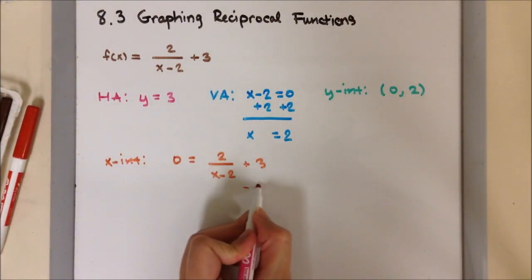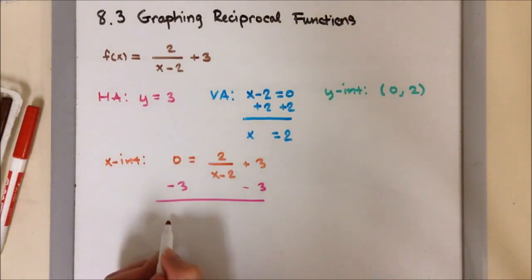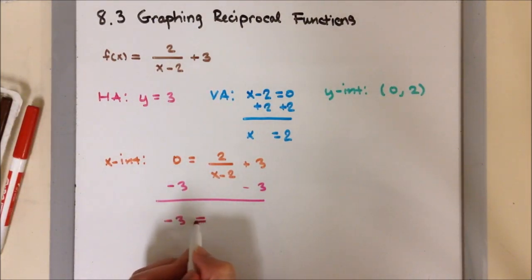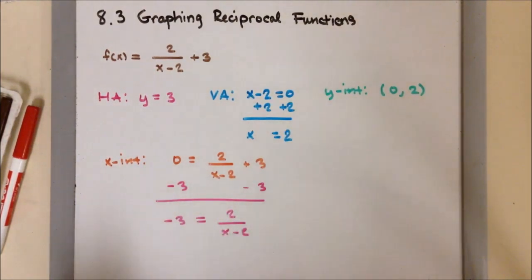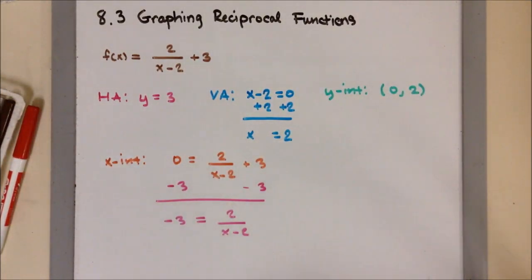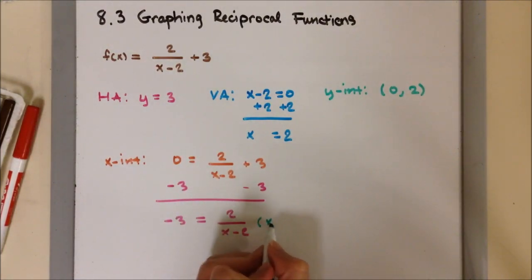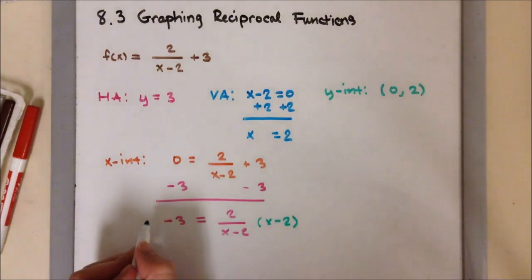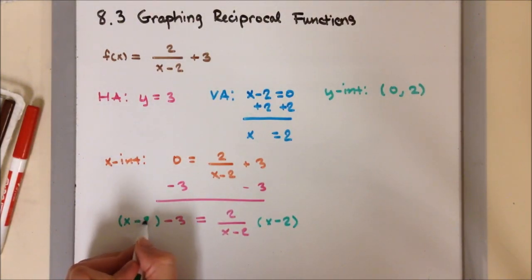So I'm going to subtract 3 from both sides. So we're going to have negative 3 equals 2 over x minus 2. And just like before, I'm going to multiply both sides by the denominator so that I don't have any more fraction. So right side multiply by x minus 2, left side multiply by x minus 2.